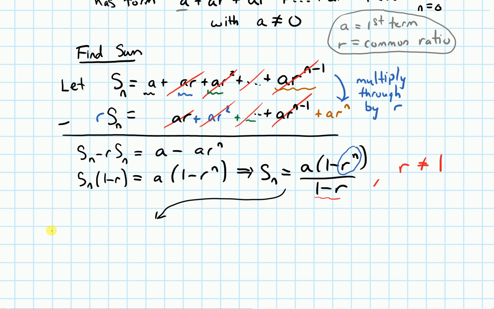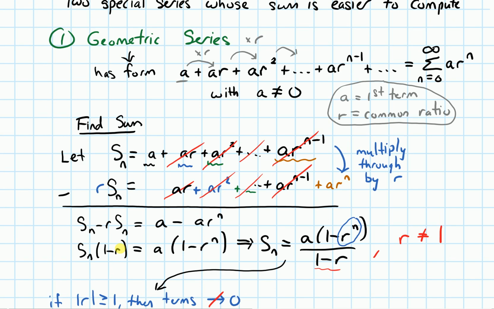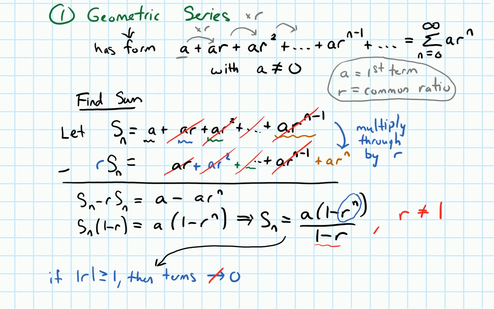So if the absolute value of r is greater than or equal to 1, then the terms do not go to 0. Let me be precise about that. So when I say that the terms don't go to 0, the terms are these.